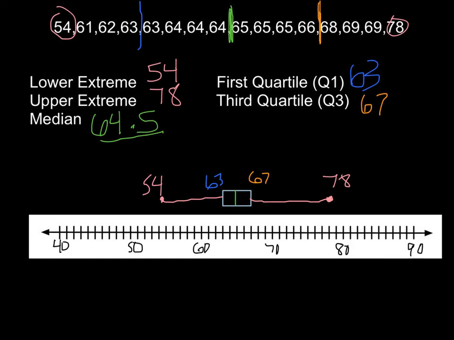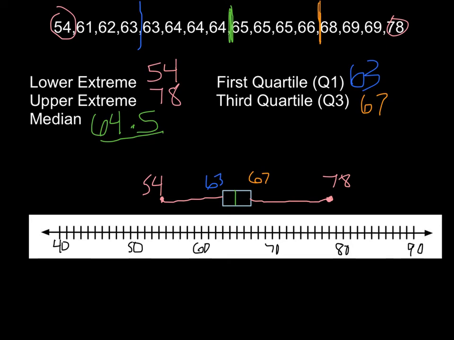That means that each one of these sections represents a fourth of our data. So a fourth of our data is on this whisker, a fourth of our data is in this half of the box, a fourth of our data is in this half of the box, and the last fourth of the data is in this part of the plot.